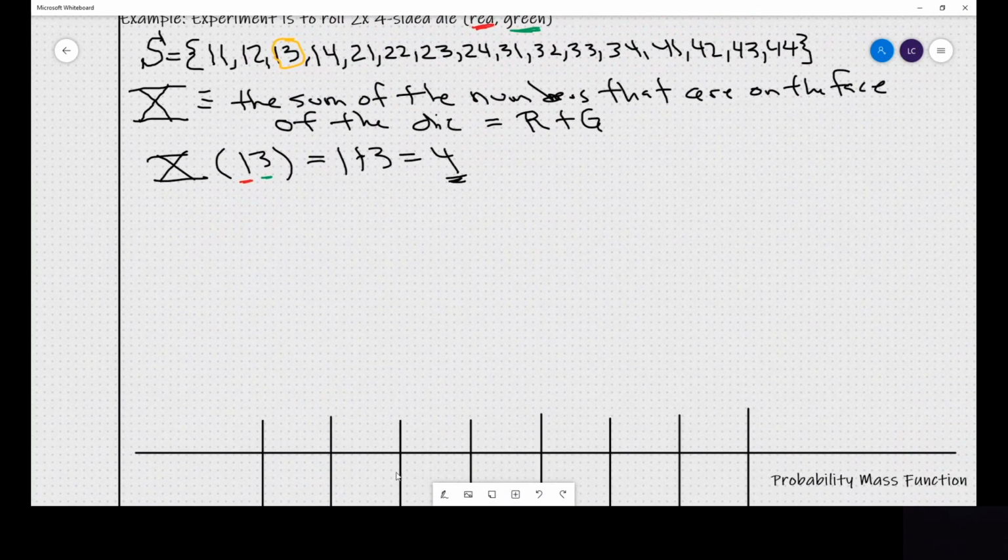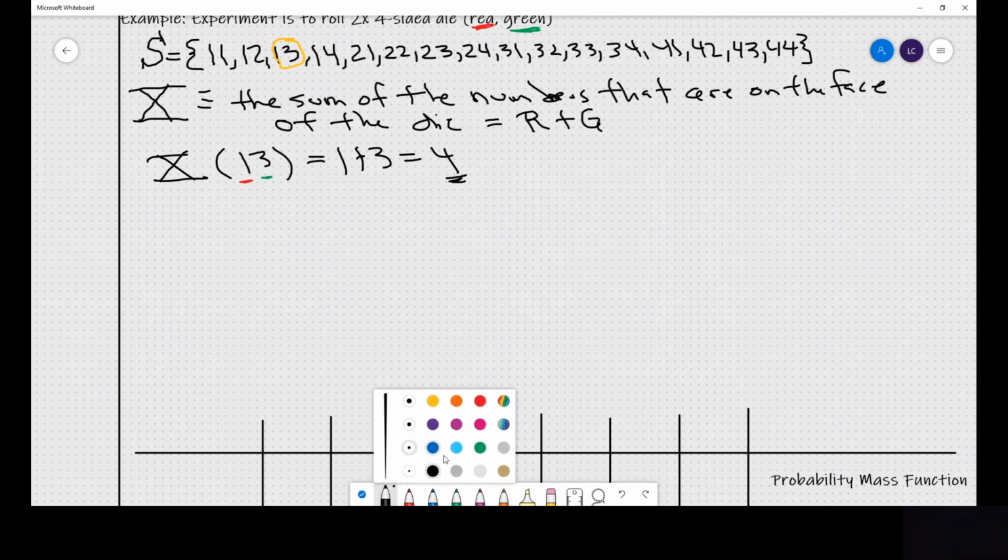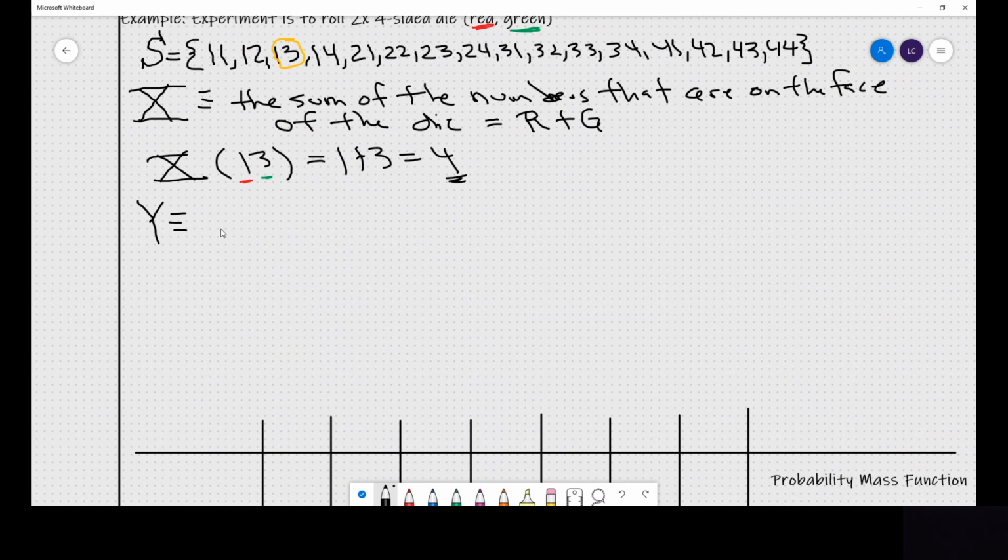Let's define another random variable. This one we won't really go that far with, but I just want to show you that for each experiment, you can have a different random variable. So we can have a Y, and we can say Y is the difference, instead of being the sum, which is what we're probably used to.